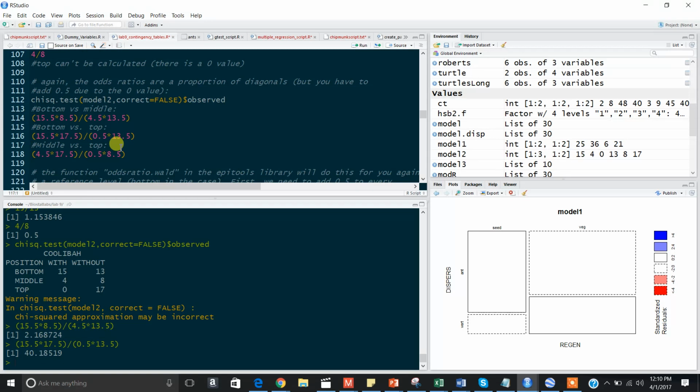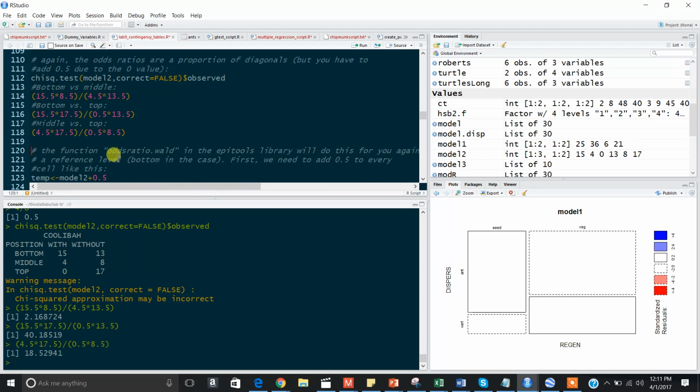All right, so let's do the middle versus the top. So the odds ratio for this would be 4.5 times its diagonal, 17.5, divided by 0.5 times its diagonal, 8.5. So you run that, and then you can interpret it as the odds of having decay in the middle of the floodplain versus the top is 18.5.